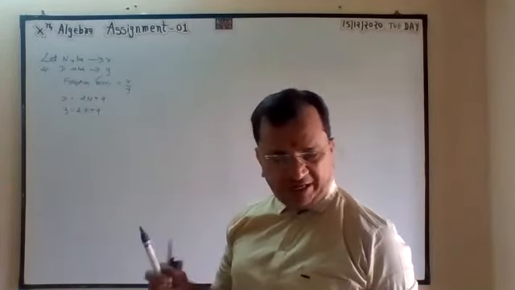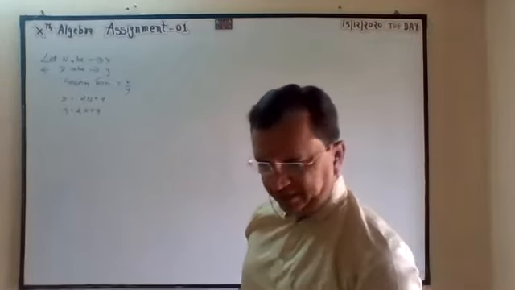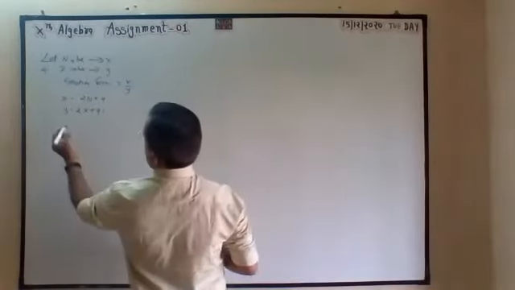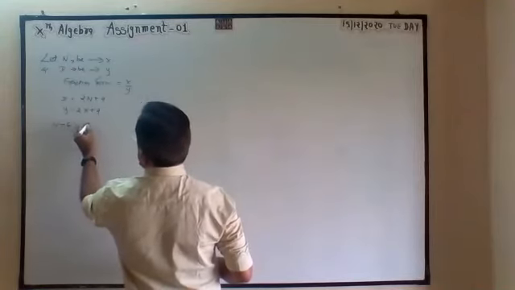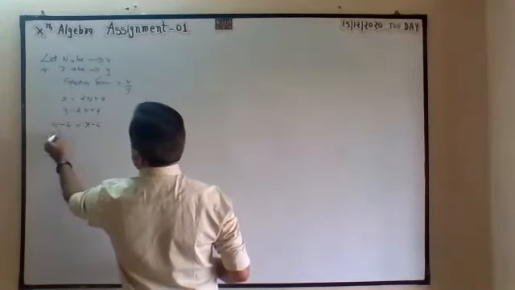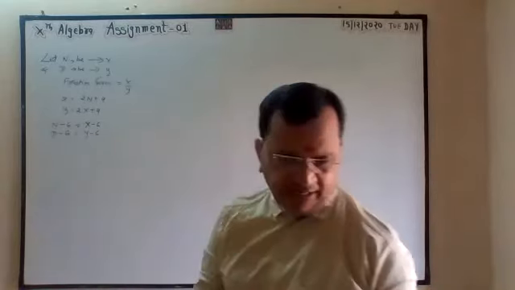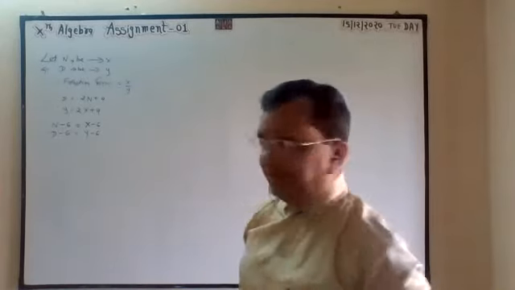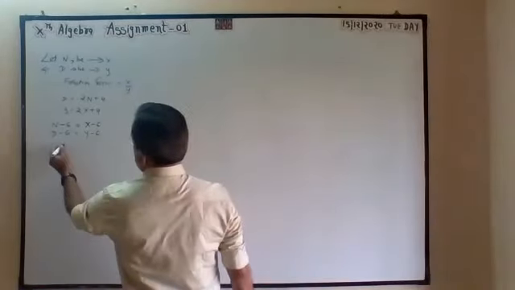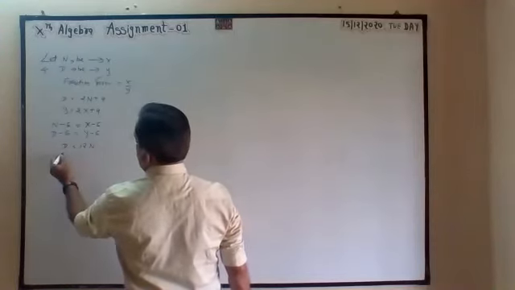Condition number 2: both are reduced by 6. Numerator minus 6 is x minus 6, denominator minus 6 is y minus 6. At that time the denominator becomes 12 times the numerator.